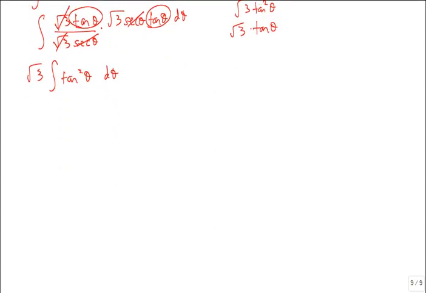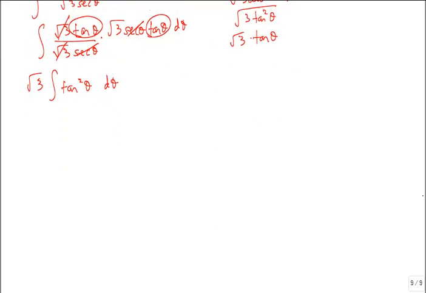Now, as I mentioned before, on these trig substitution problems, because you're using so much trig stuff, you really need to know your trig derivatives and trig integrals really well, as well as recalling some identities, okay? When I see tangent squared theta, I need to know that that does not have an immediate antiderivative.